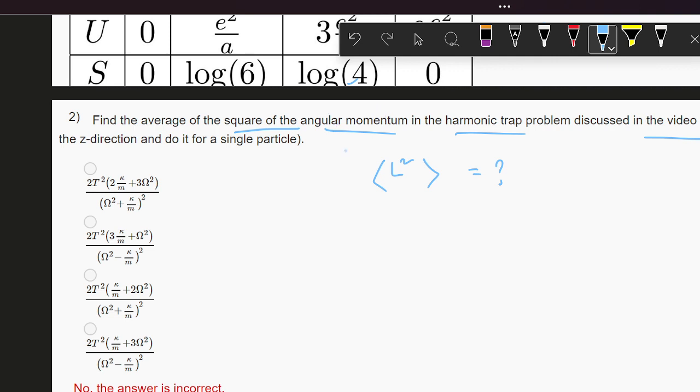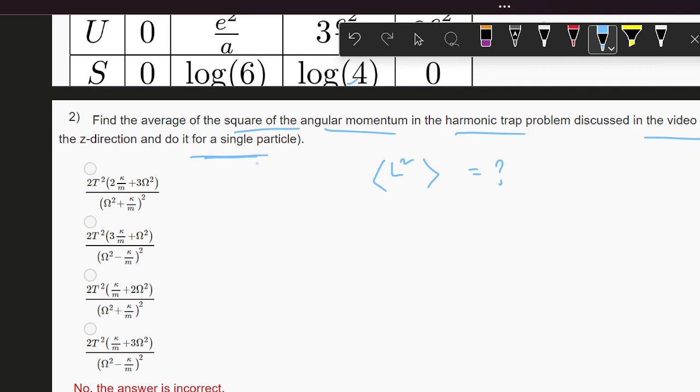In case of a harmonic trap, there can be multiple subatomic particles trapped in a harmonic, like a simple harmonic oscillator case, a spring-like thing. But that will make the problem much more complicated if you have to consider all the particles, because then you have to take a partition function accordingly.